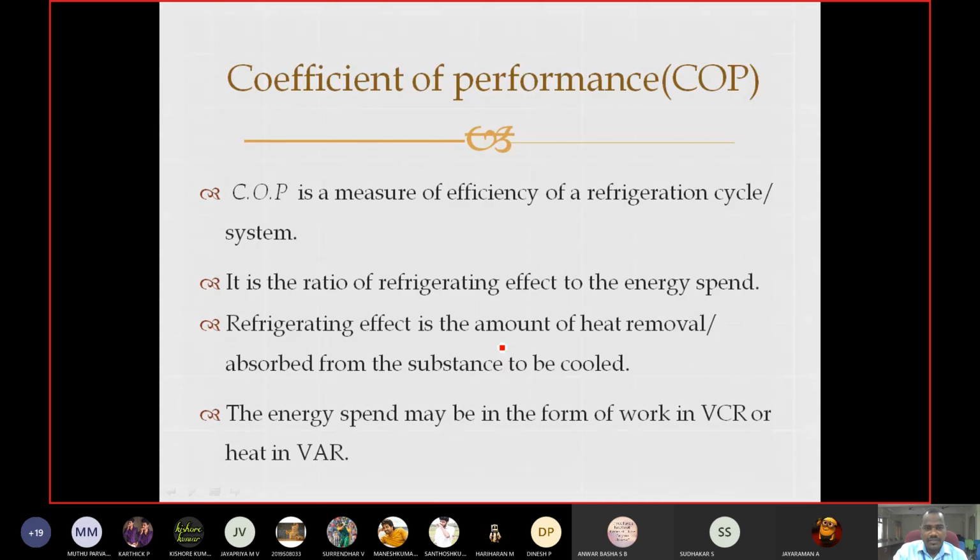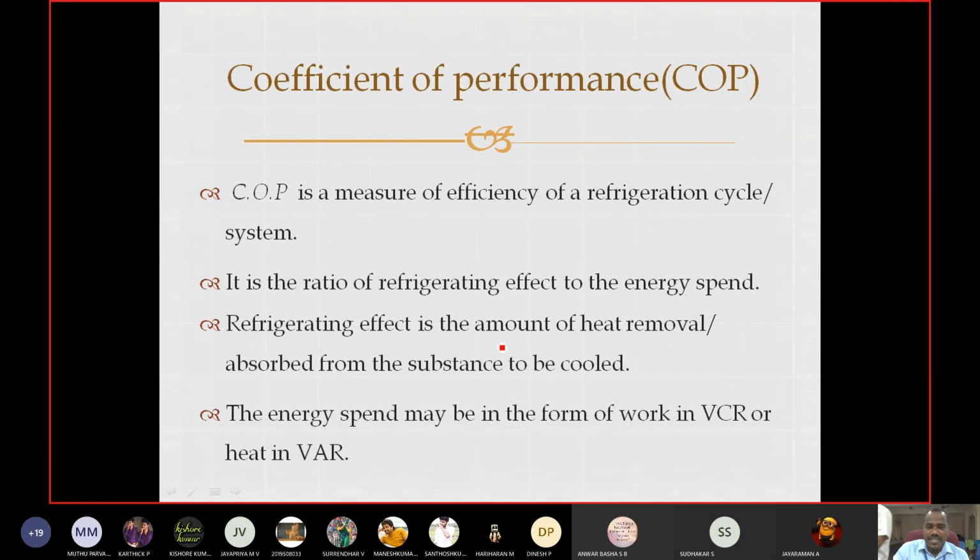So before we look at the components of the refrigeration, we want to know what is COP, that is coefficient of performance. This is actually a comparison of efficiency.